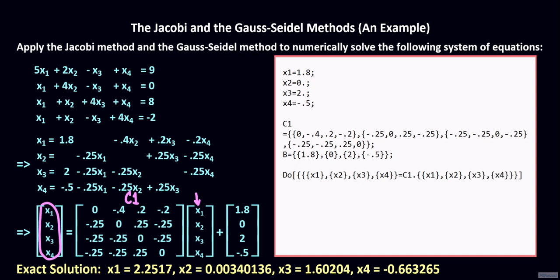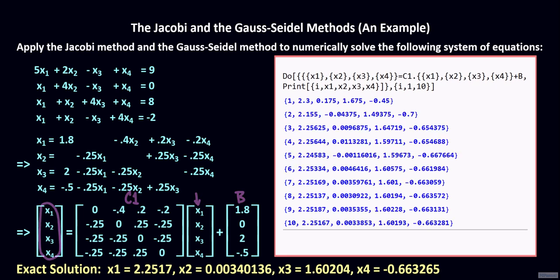To this matrix product, we add uppercase B. We will print the iteration number I, x1, x2, x3, and x4. I goes from 1 to 10. We execute the code and get the same result as that of the previous incarnation of the code.